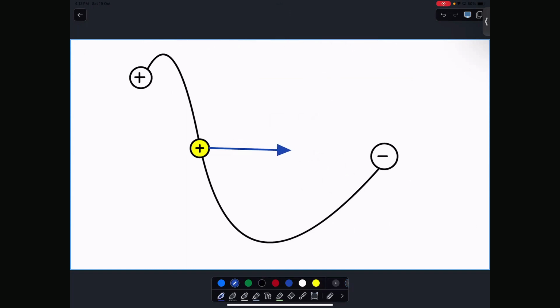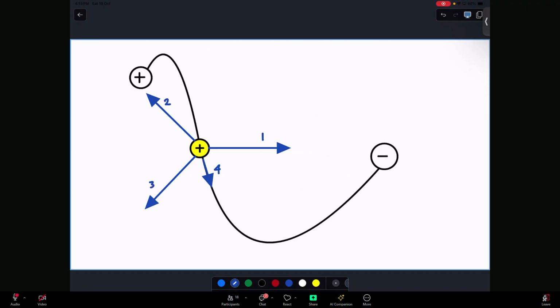Is it going to be towards the negative? Is it going to be towards the positive? Is it going to be away from both positive and negative? Or is it going to be like that? So I have 4 options for you. So 1, 2, 3, 4. Which way do you think the positive charge will move at this moment?